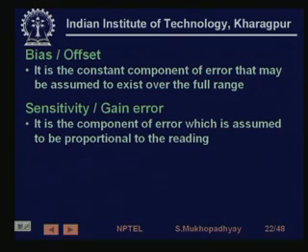Similarly, there can be a gain error. We have a nominal sensitivity which is indicated by the scale, and your actual instrument sensitivity may deviate from that, and then you have a sensitivity or gain error. The error in reading due to this gain error is going to be proportional to the reading.